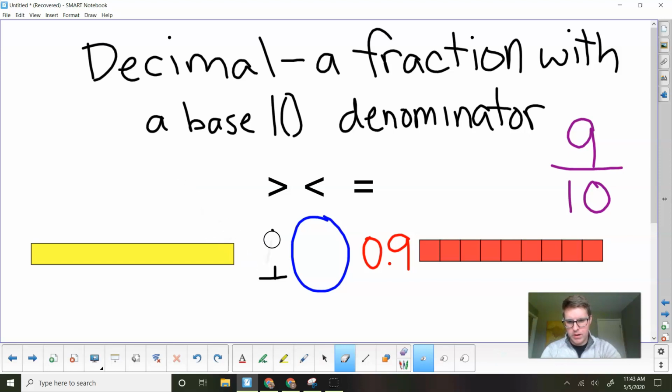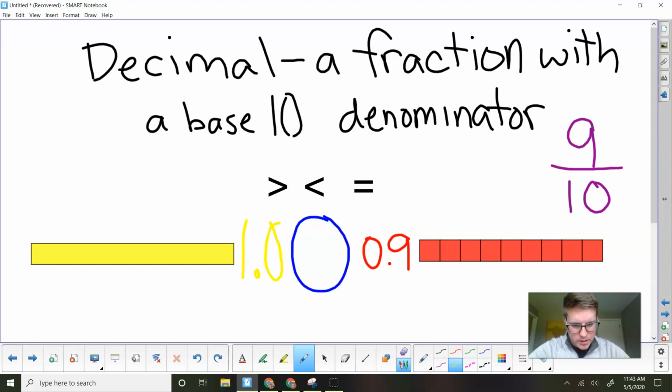I'm going to write it here in yellow. 1 in decimal form is really 1.0. Now, it's a matter of comparing place values, just like if I was comparing any other number.